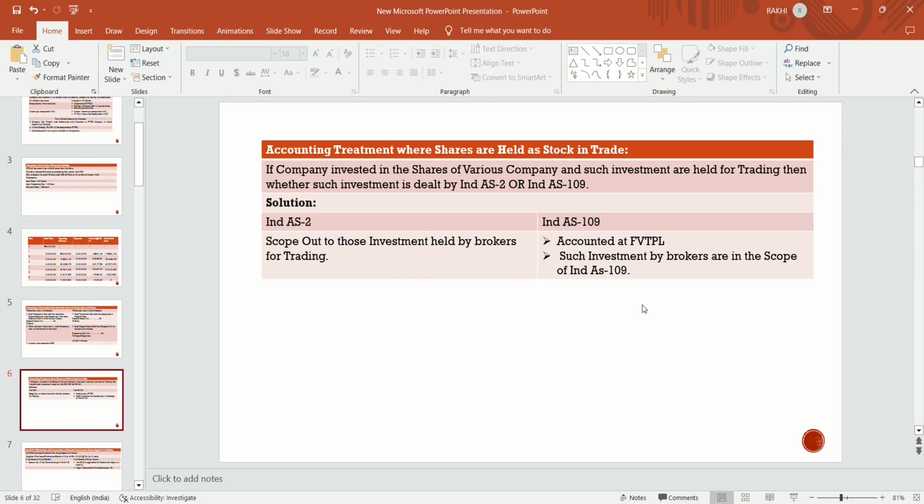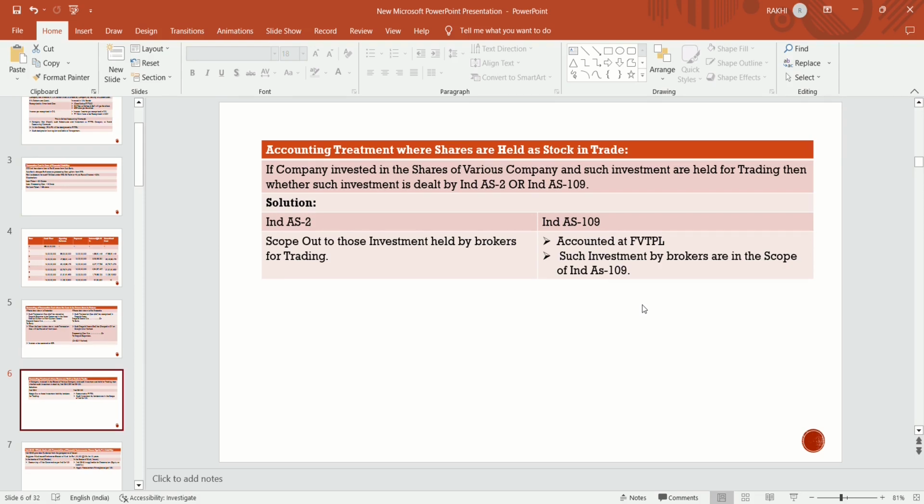Ind AS 2 says that investments held by brokers for trading are out of its scope.